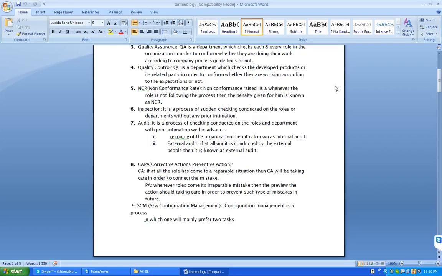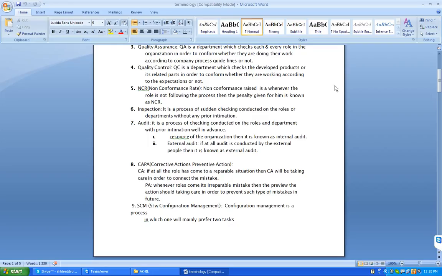That is called repairable. CA means corrective actions. We can rectify the problems. If any role is doing any mistakes, we can rectify. That is called corrective actions. Next, preventive actions means if a role is doing any mistakes we can't rectify, that is called irreparable mistakes.